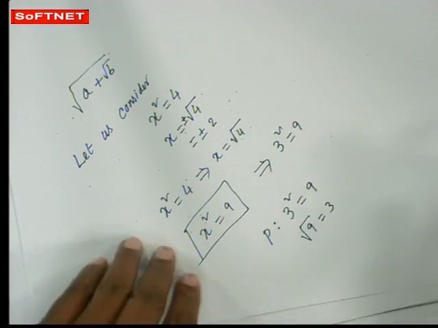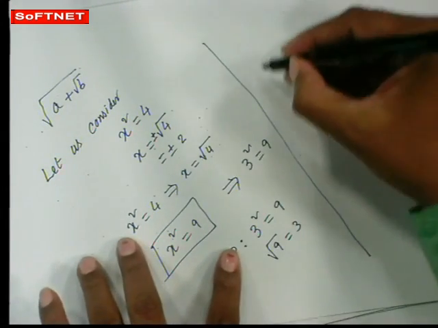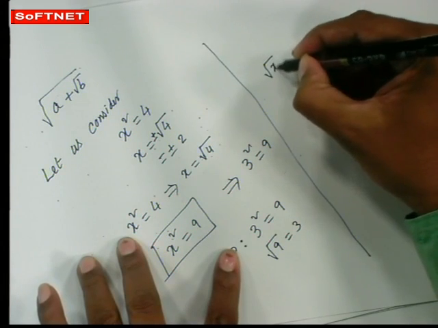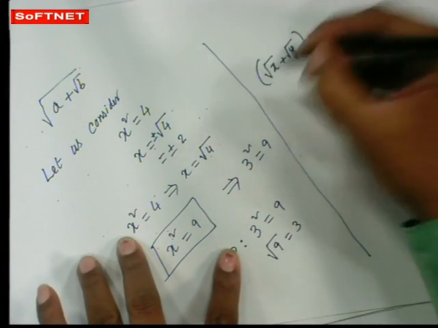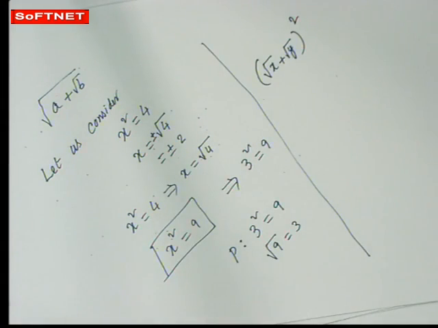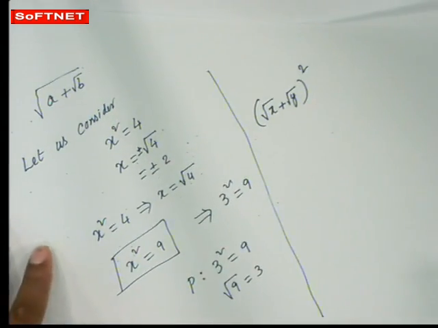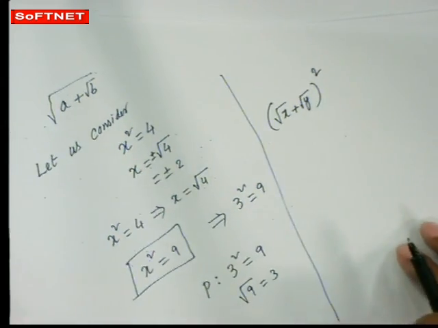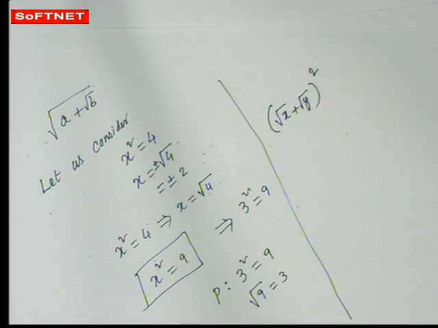So now here, let us consider, or let us find out the square of root x plus root y, whole square. See, let us see how to find the square of this value, root x plus root y whole square.